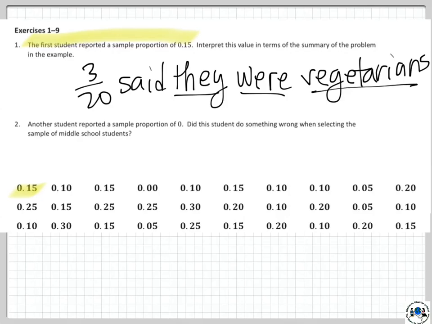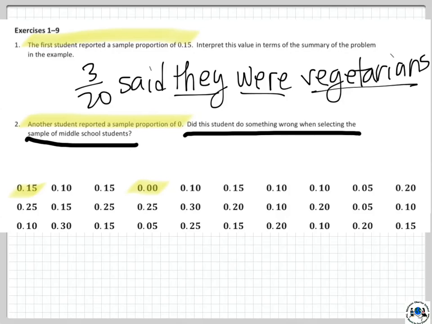Now number 2 tells us that another student reported a sample proportion of 0.00, and you can see that right here. The question is, did this student do something wrong when selecting the sample of middle school students? Well, it's pretty hard to do something wrong.